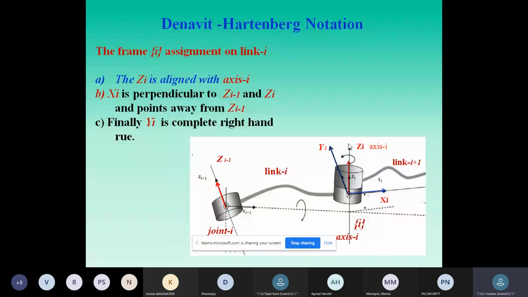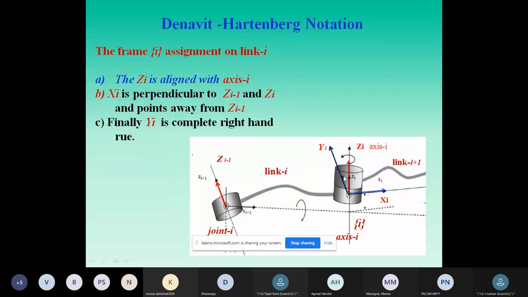Then we attach xi as defined. Then knowing xi and zi, apply the right hand rule and compute the y direction. How could we do it? First choose link i, distal point.